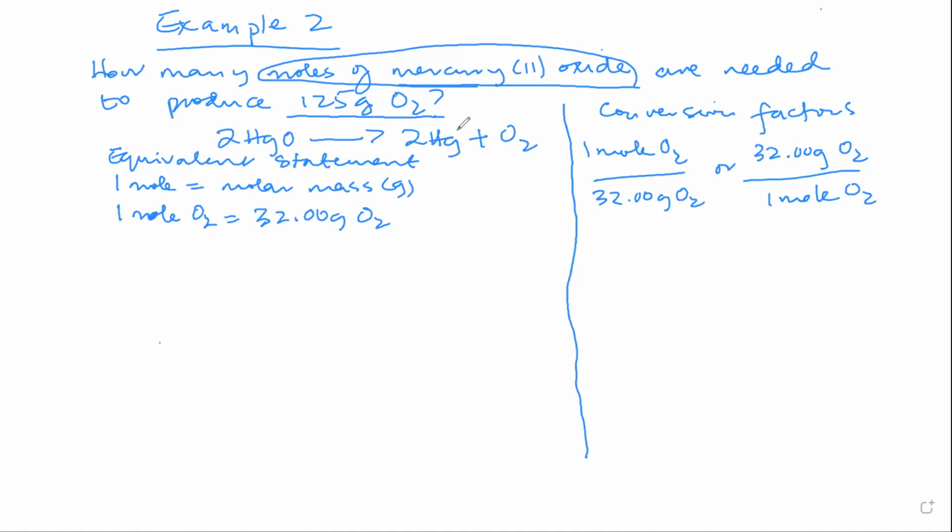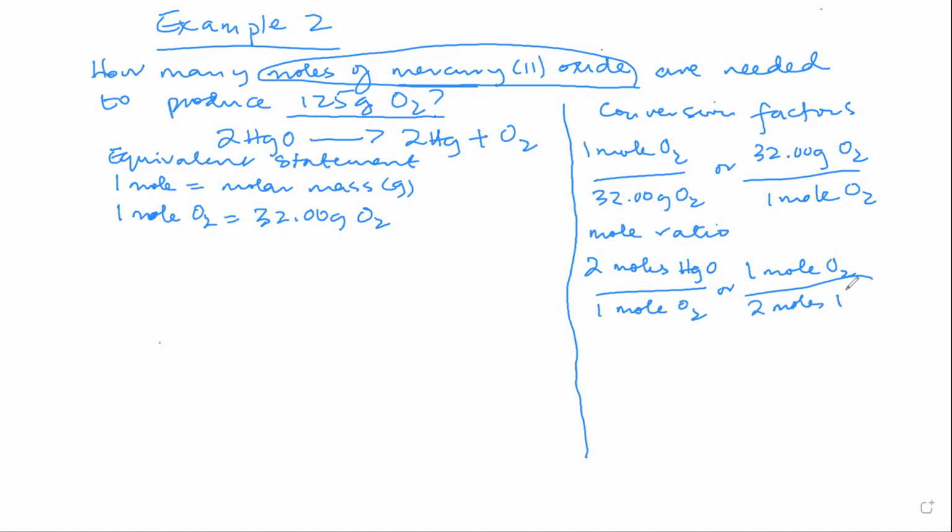So let's look at the mole ratio, which we write in the form of a conversion factor, for oxygen and mercury oxide: 2 moles of HgO over 1 mole of oxygen, or 1 mole of oxygen over 2 moles of mercury oxide.